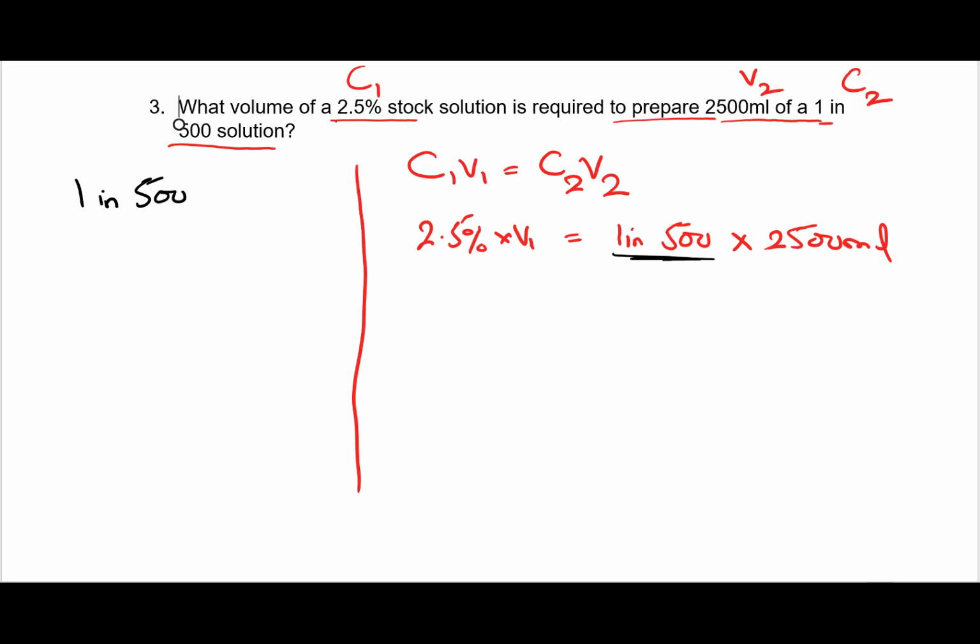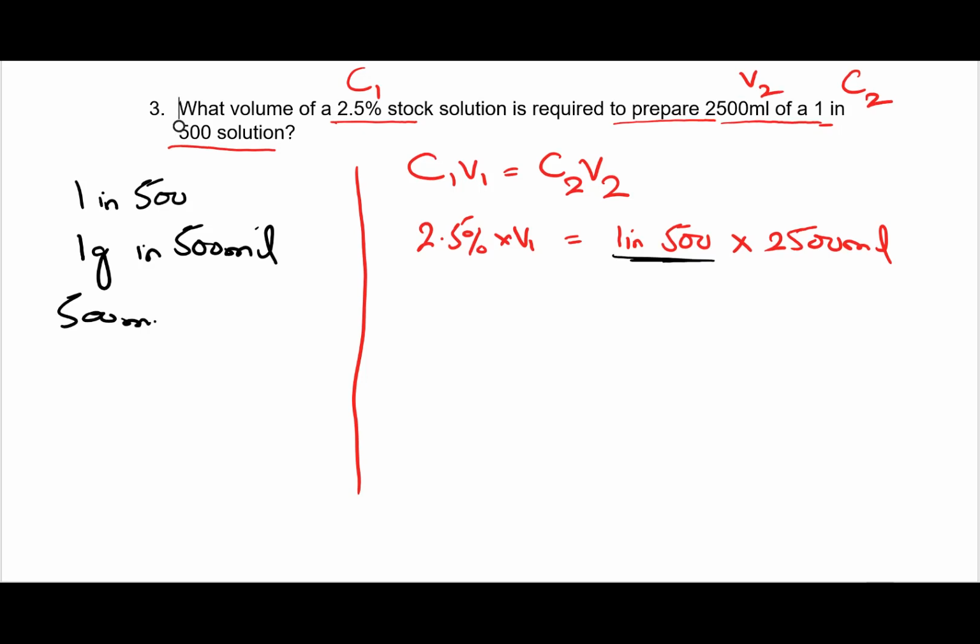Now in these types of concentration, you remember that I said before that it's like percentage. So basically 1 in 500 is equal to 1 gram in 500 mils. I'm converting that into percentage. Percentage is out of 100, so I have to figure out how many grams will be present in 100 mils. The thing which I have to find out, I put on the right side.